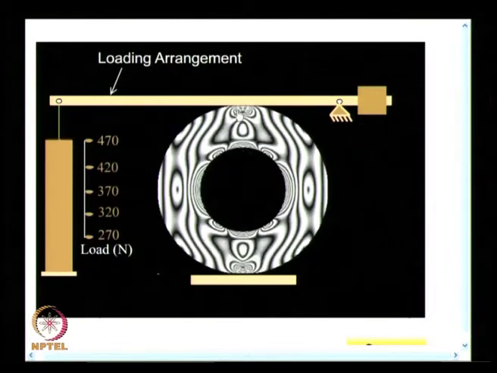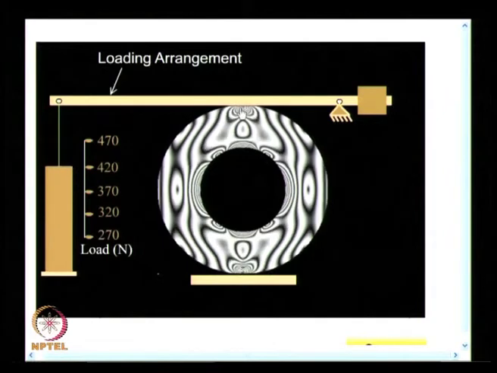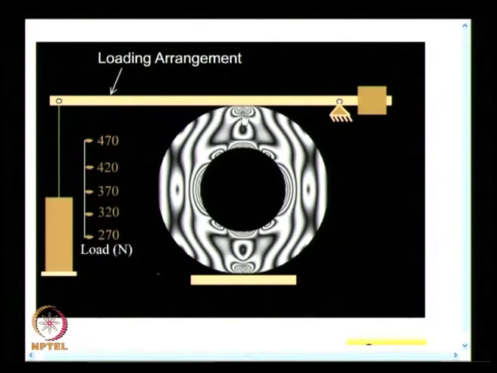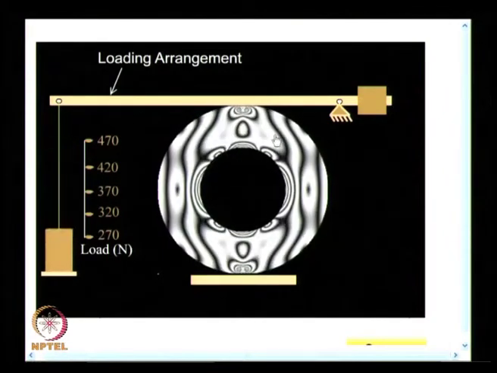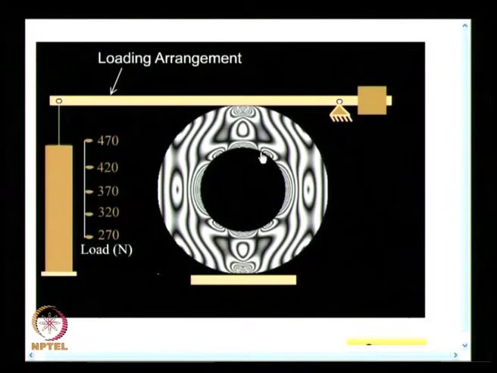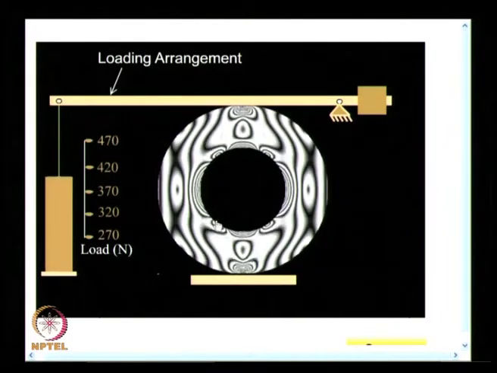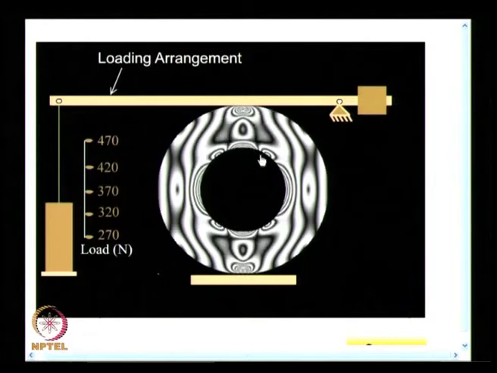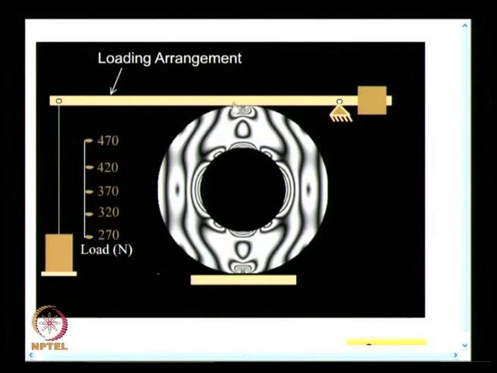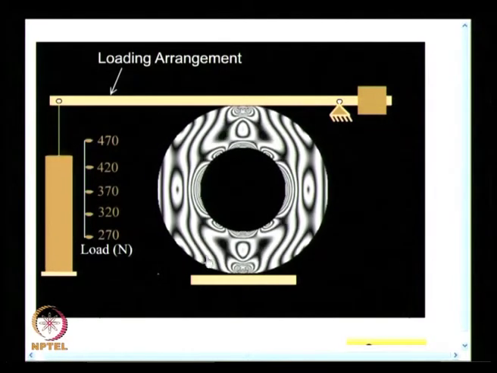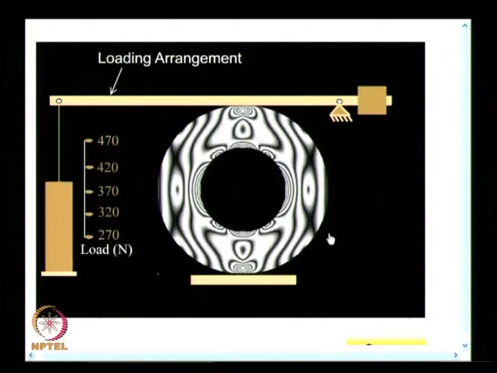Essentially, the load is increased and fringes form and then move out. The inner surface of the ring is a free surface, as well as the outer surface except at the load application points.